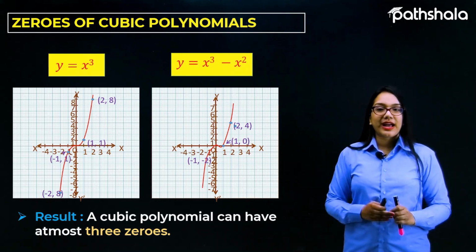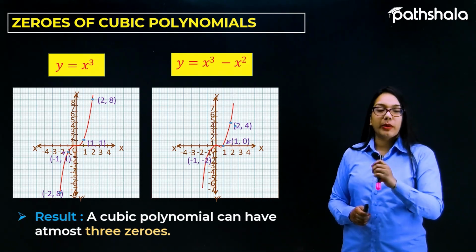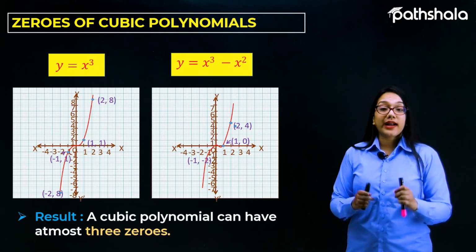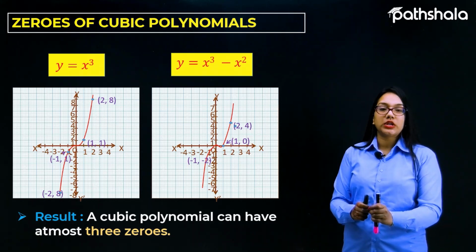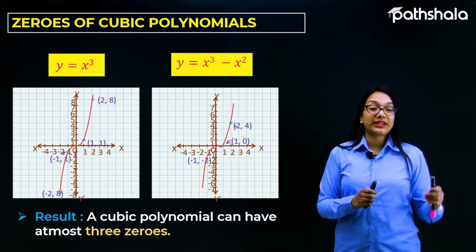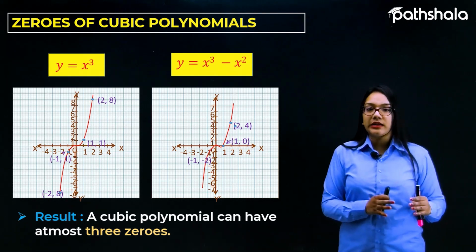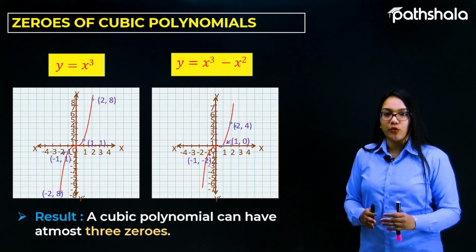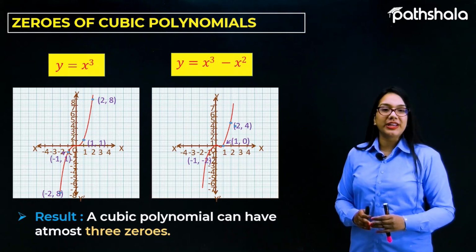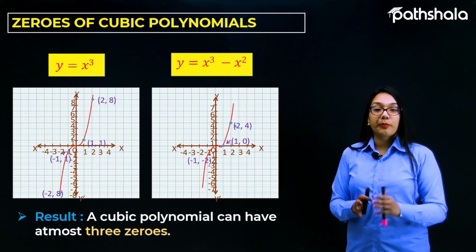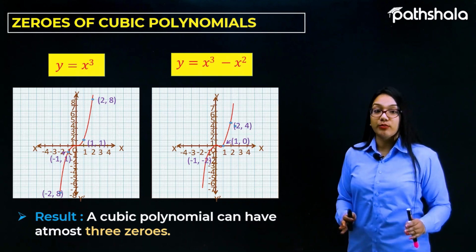So a cubic polynomial can have at most 3 zeros. It can have 3, it can have 2, it can have 1. So at the end, the conclusion for the zeros of the cubic polynomial through the geometrical meaning is that a cubic polynomial can have at most 3 zeros.